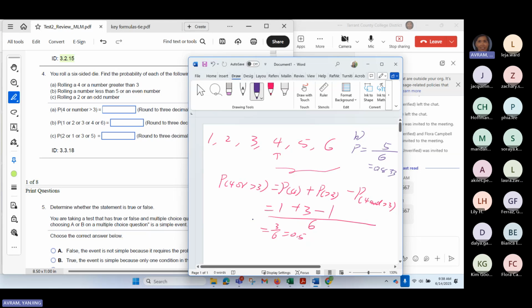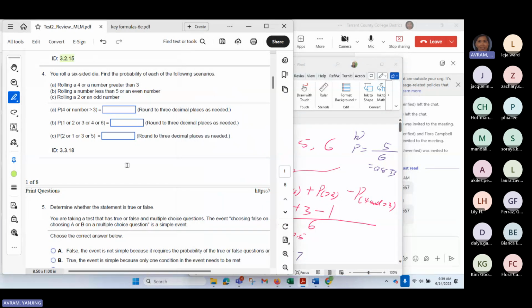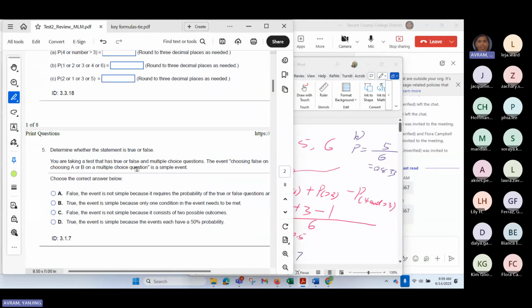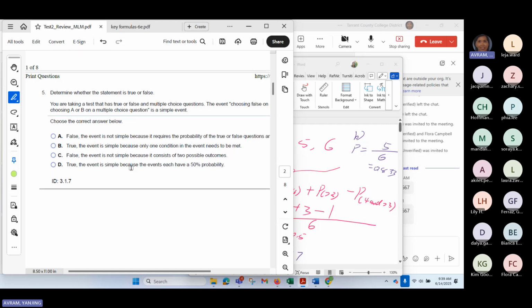Then 2 or an odd number, 2 or 1 or 3 or 5, same thing. There's nothing repeated, so you have 4 outcomes, which is 4/6. You convert it into a decimal. There's nothing overlapping, so you can just add them together. When you have an "or" and no overlap, you're pretty much using addition. All right, let's look at number 5.